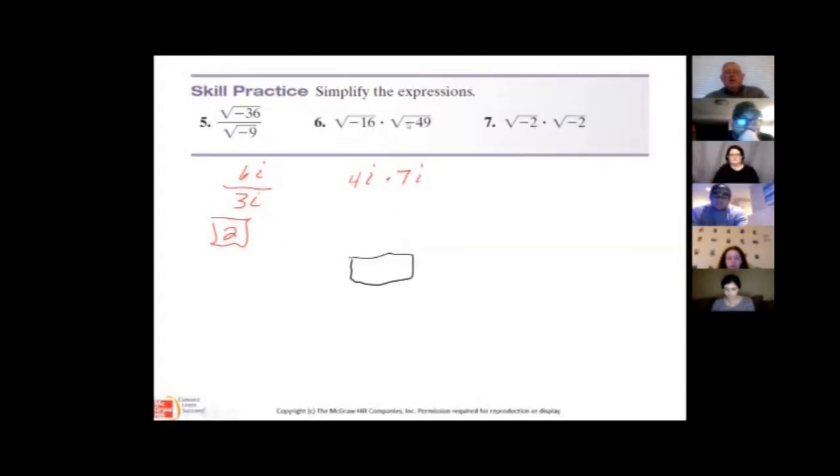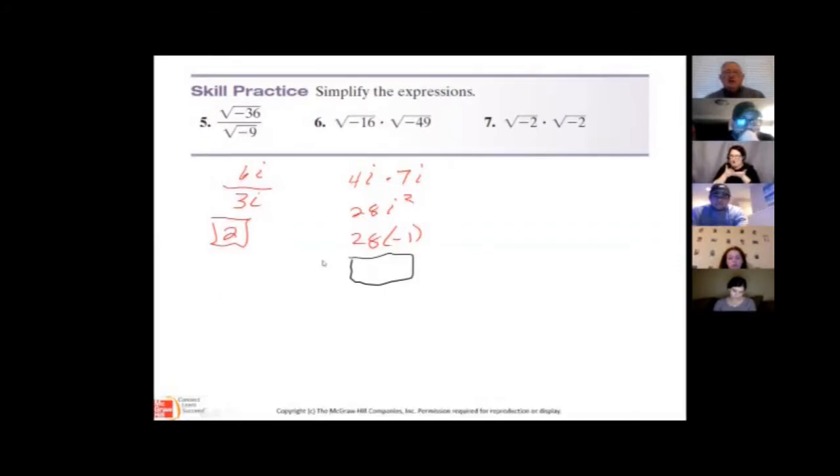Over here, we've got 4i and 7i, which gives us 28i squared. We replace the i squared with -1. And by the way, showing that i squared becomes a -1 is a critical step for getting partial points on any test.